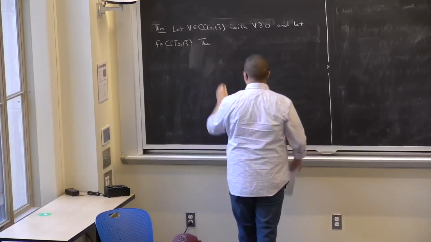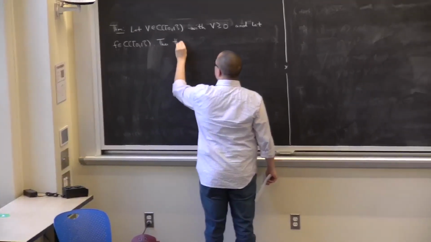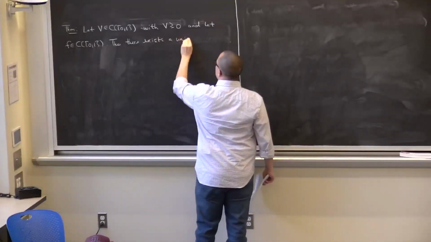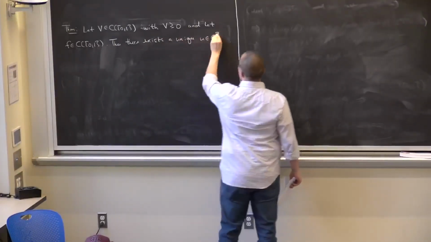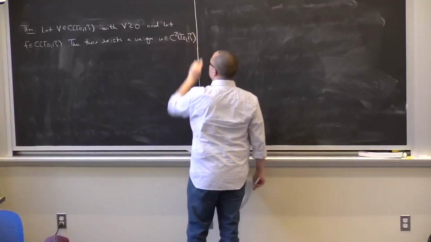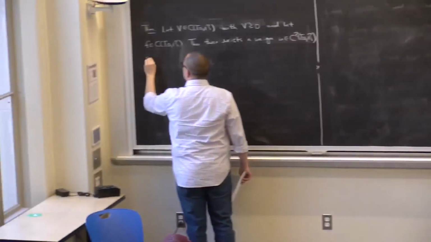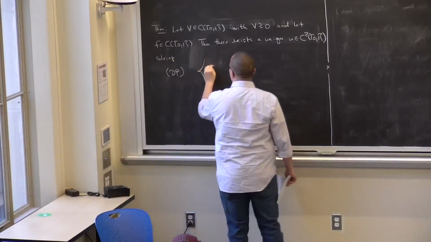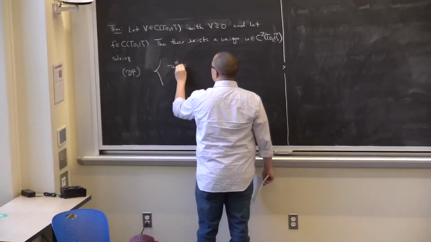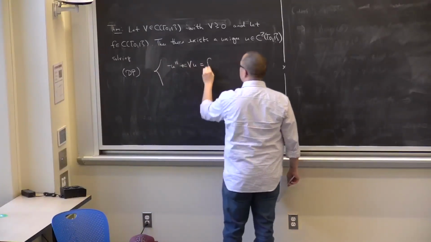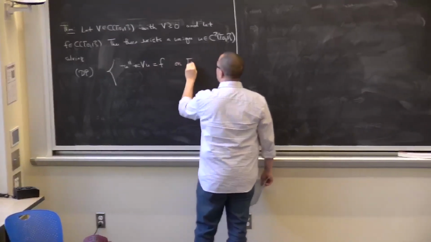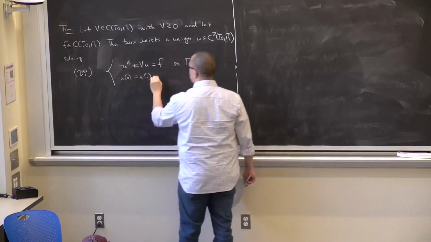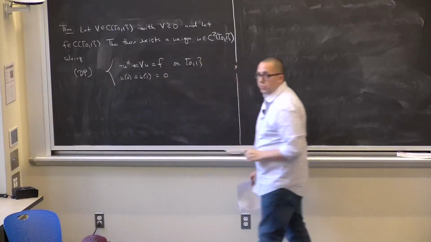Then there exists a unique twice continuously differentiable function on 0, 1, solving the Dirichlet problem: minus u double prime plus b multiplied by u equals f on 0, 1, with boundary conditions u of 0 equals u of 1 equals 0. Okay?